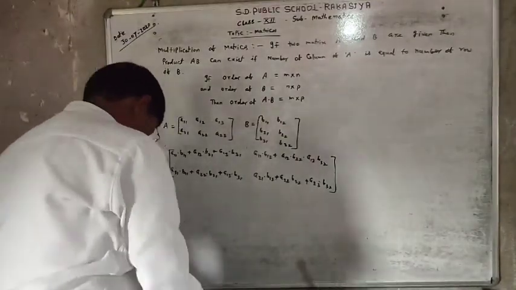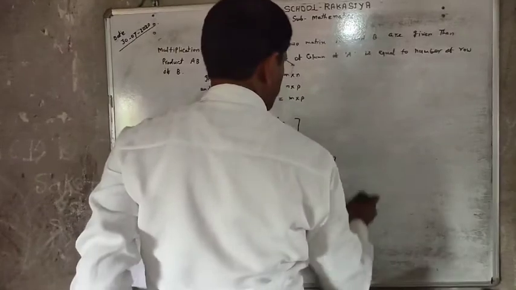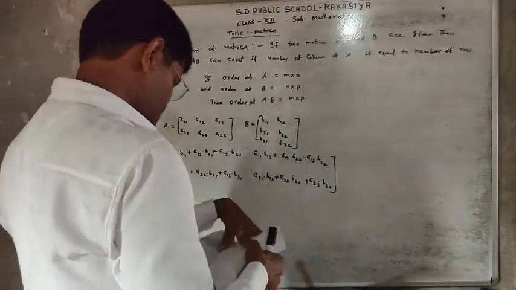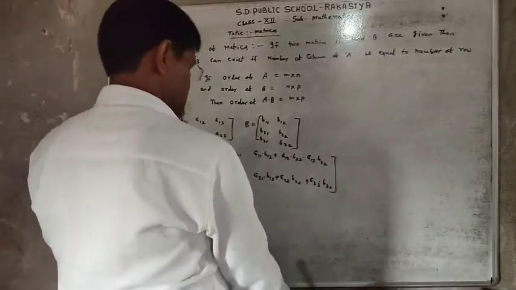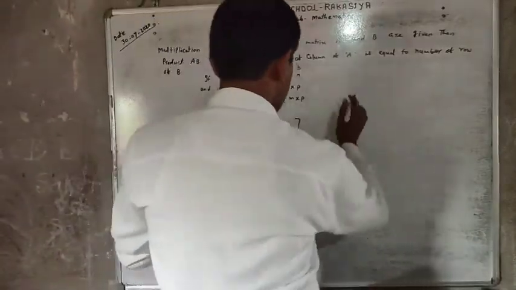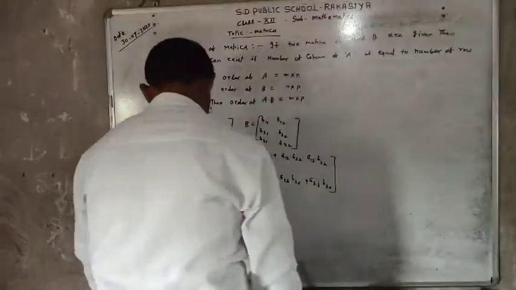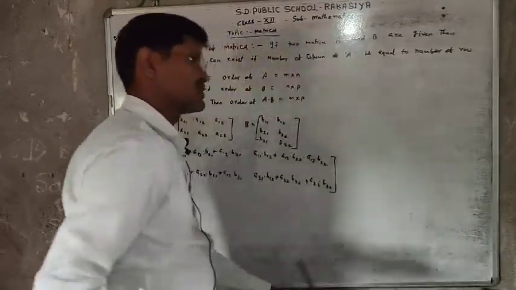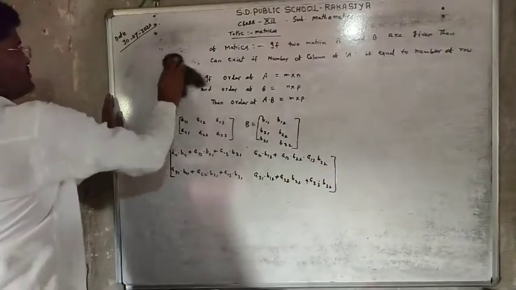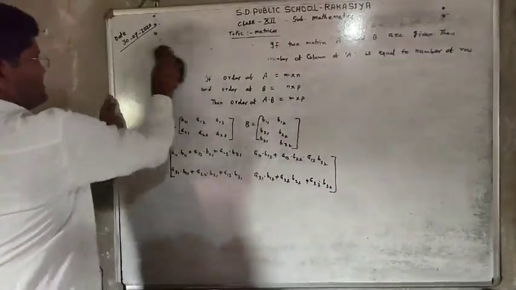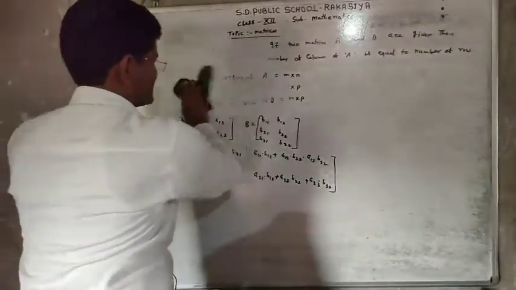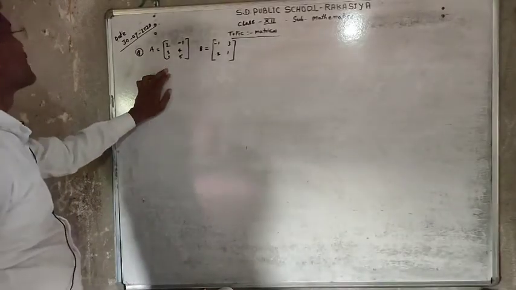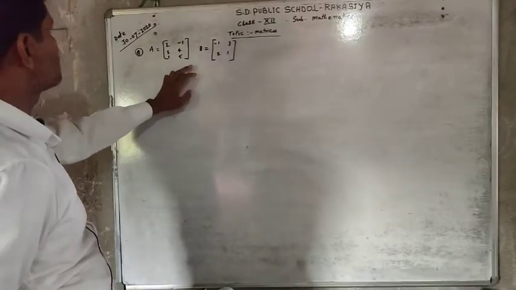Now we see a problem with an example of multiplication of two matrices. Here the problem is given on the board.